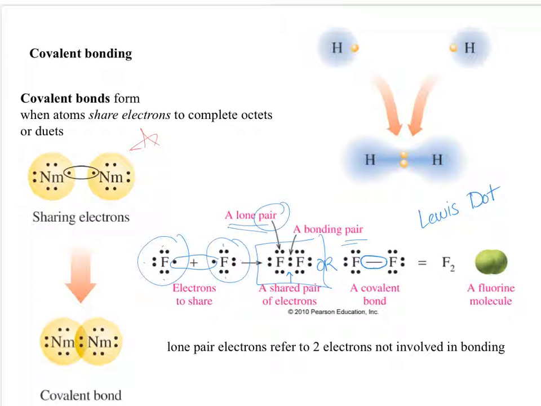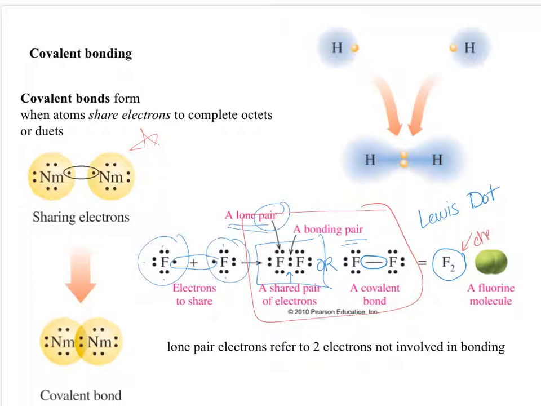You're always going to see them in 2s. Now, two fluorine atoms come together and make a fluorine molecule. And so, again, either one of these would be our Lewis dot or Lewis electron dot structure. Either one would be correct for an F2 molecule, but the chemical formula would be F2.